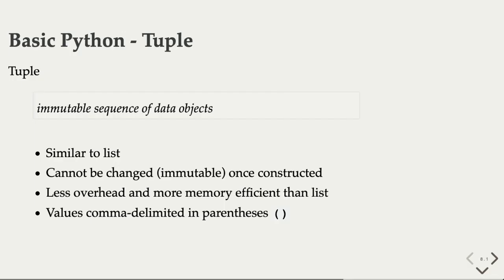A tuple is very similar to a list, but it is an immutable sequence of data objects. That means it cannot be changed once constructed. So it creates less overhead and is more efficient than a list. And the values of a tuple are delimited by commas in parentheses.